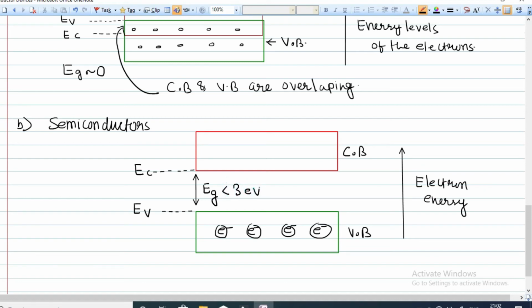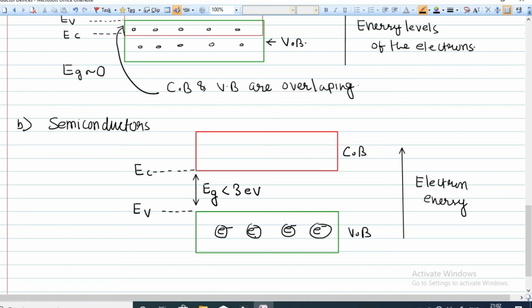So at room temperature we can easily see that there is no electron present in the conduction band. That's why a semiconductor does not conduct at room temperature. But when we supply energy, thermal energy or energy from outside, the electrons will absorb energy and get excited.